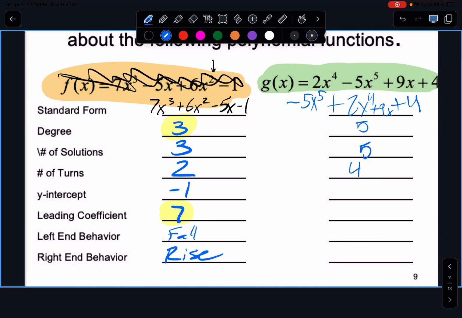Your y-intercept is your constant. Yep. That constant. Good. Okay, Lex. Leading coefficient is a negative 5. Great job. So that impacts our end behavior.